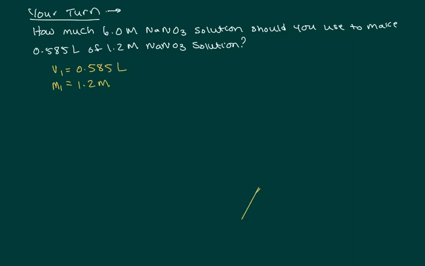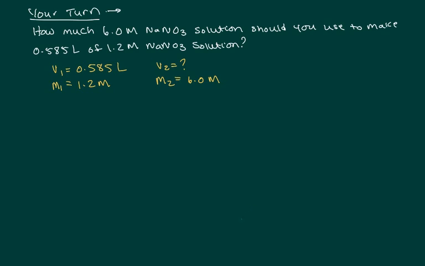It looks like I need to figure out how much I need to add, my volume 2, and the molarity of my stock solution is 6 molar. Okay, so how much of my stock solution do I need to add to my volumetric flask in order to get that 1.2 molar solution that I'm looking for?